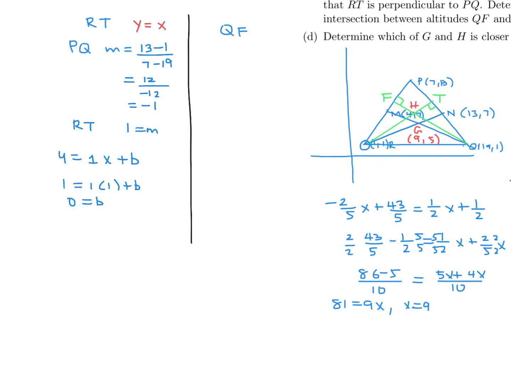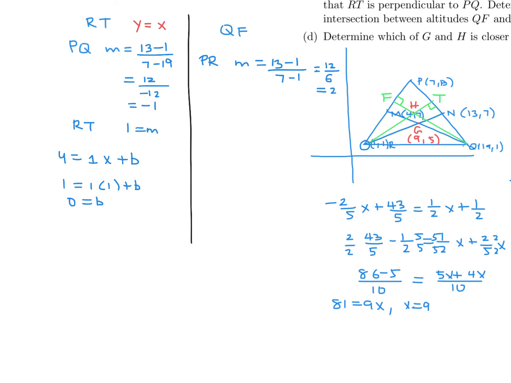And in the same way, we'll figure out the equation for QF, and then we can figure out the point of intersection. QF is perpendicular to PR, P to R. So for PR, I have to figure out its slope. That's going to be 13 minus 1 over 7 minus 1, and that looks like 12 over 6, which is 2.